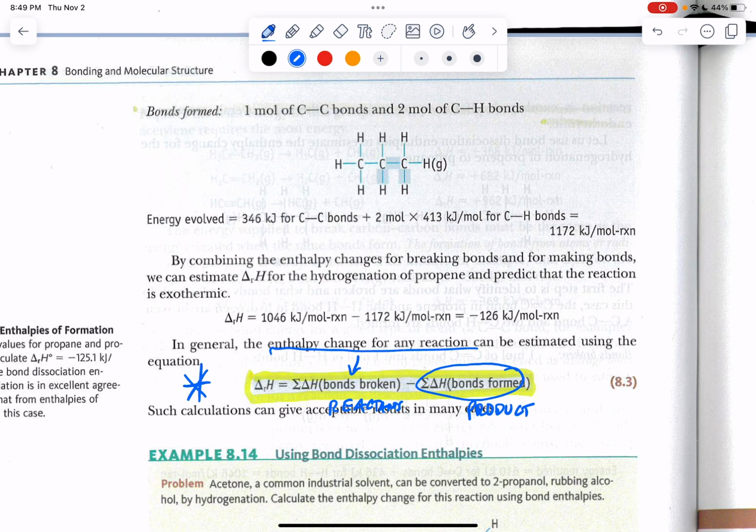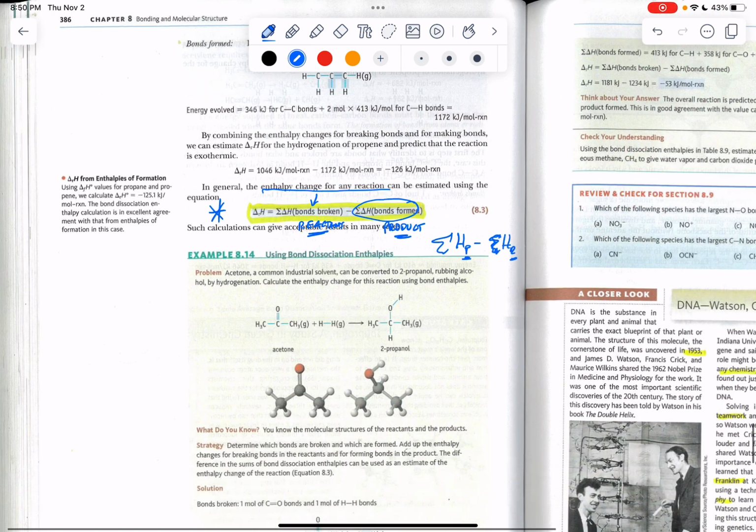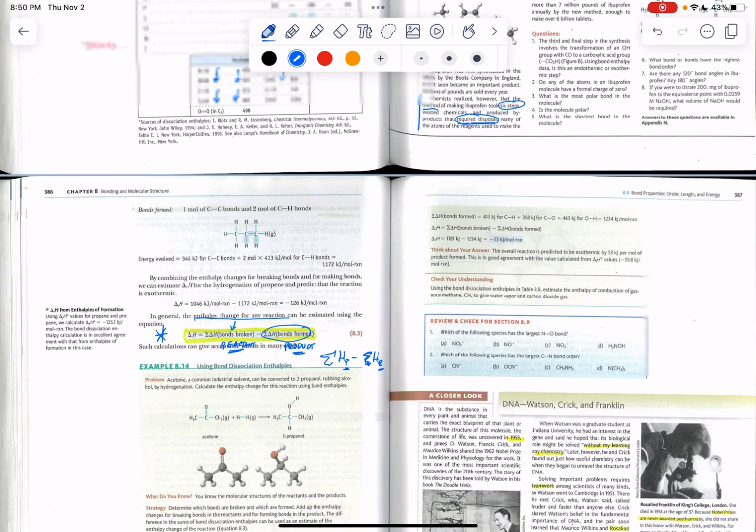Now, what students sometimes forget is when you're reading energy values straight off of a table, I don't mean the bond breaking and the bond forming, but heats of formation from a table, it's always a summation of the heats of the products minus the summation of the heats of the reactants. And that is one ugly sigma there. So notice it's products minus reactants. In this case, it's reactants minus products. And I'm going to stop right there, and we have completed the chapter.